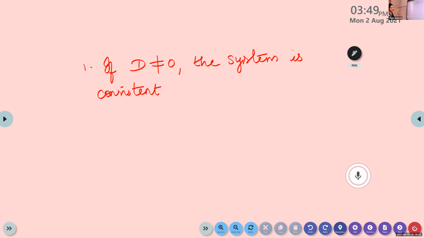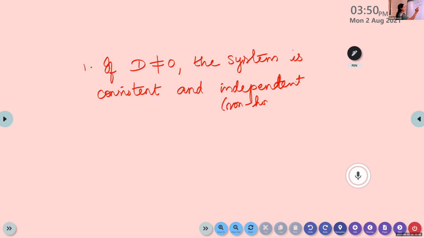It depends. If it is homogeneous, we will get infinite solutions. If it is non-homogeneous, we will get a unique solution. So if D is not equal to 0, the system is said to be consistent, and you write this as independent.